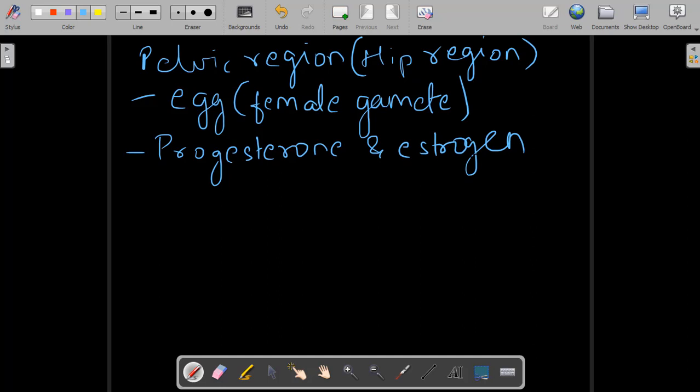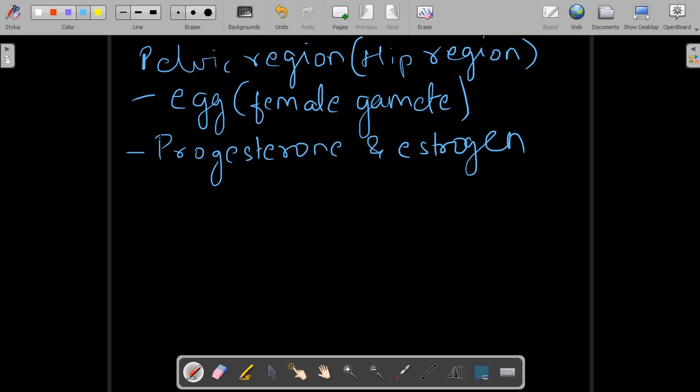We discussed in the earlier session what secondary sexual characters are, right? Development of breasts, growth of hair in the armpit and pubic region, menstruation, etc. are the changes which you see, the secondary sexual characters in females. These secondary sexual characters are produced by the hormone estrogen.